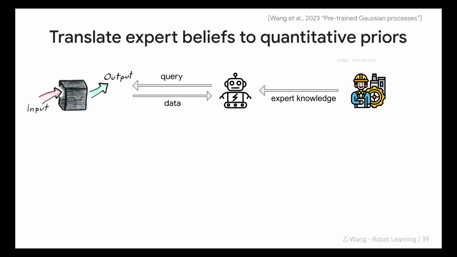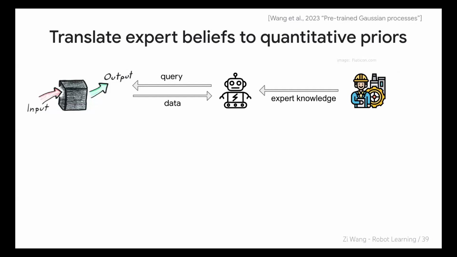Here's the diagram. We have an engineer or expert who builds knowledge into the robot, which the robot will interpret as the prior. And then it starts to interact with some kind of black box.